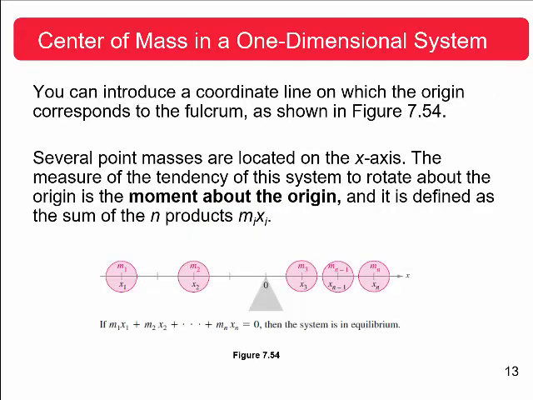You can introduce a coordinate line on which the origin corresponds to the fulcrum, as shown in this figure below. Several point masses are located along this x-axis, so the fulcrum occurs at the origin of this line, or 0.